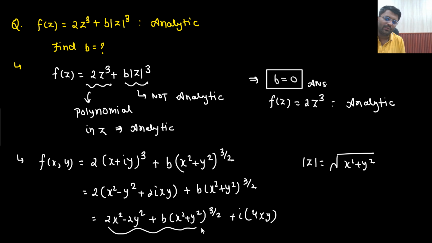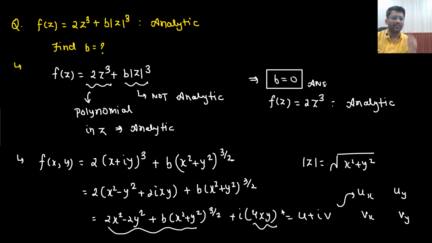So this is your u, this is your v. Then from here you can apply ux, uy, vx, vy. You can differentiate and equate them, and you will get the value of b to be 0 only. Okay.